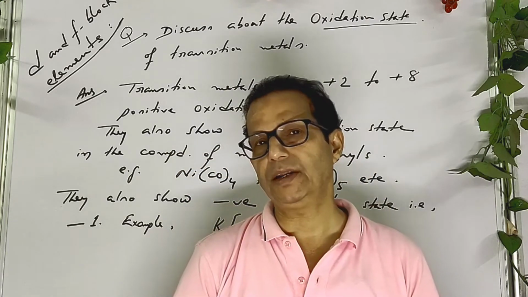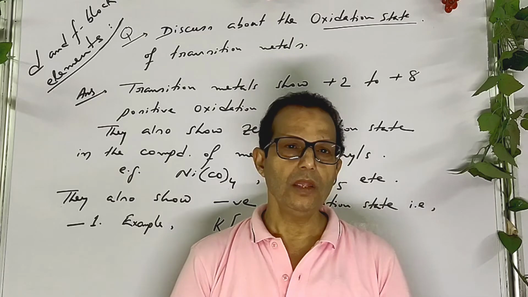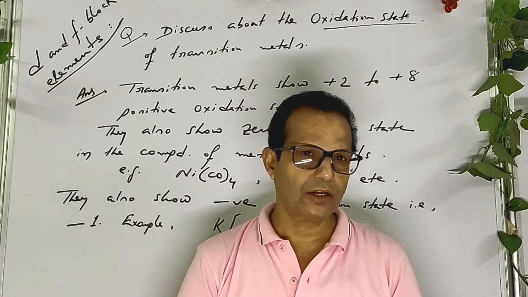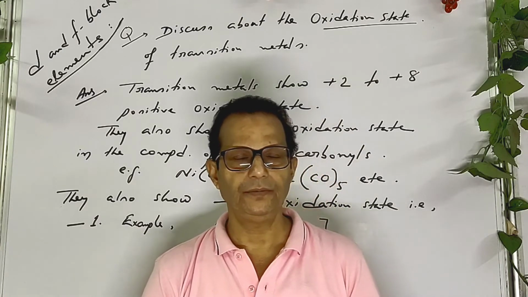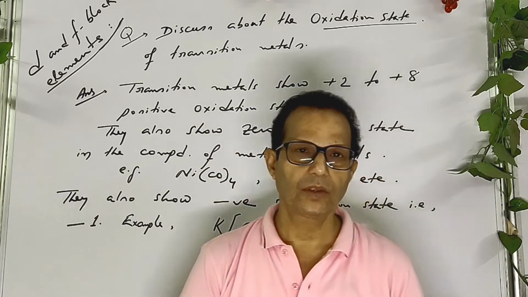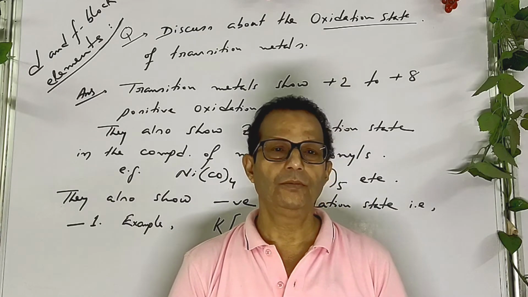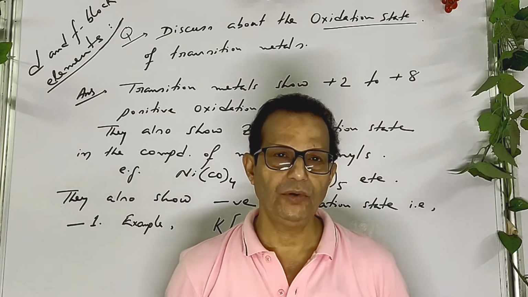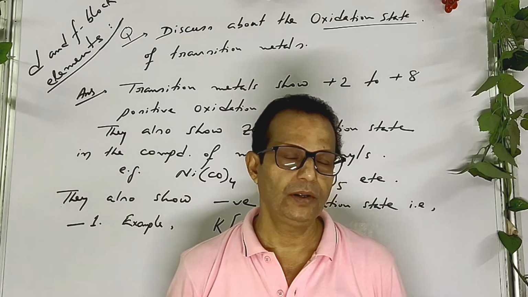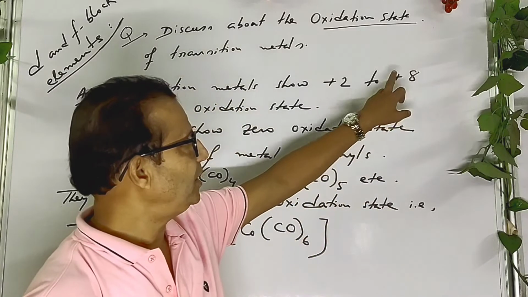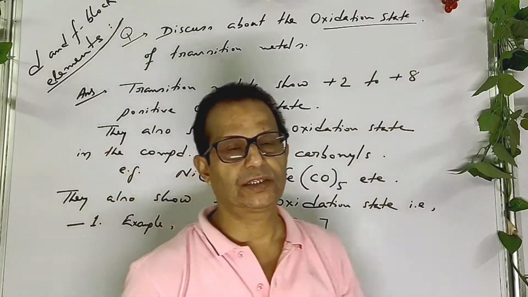Most of the transition metals, when they release electrons from their valence shell or outermost shell, generally show +2, +3, +4, +5, +6, +7 and +8 oxidation states.